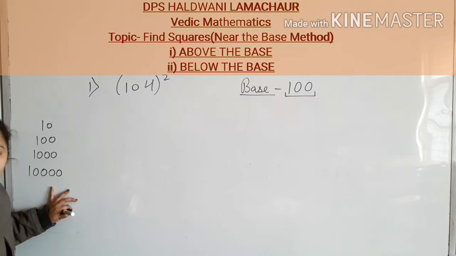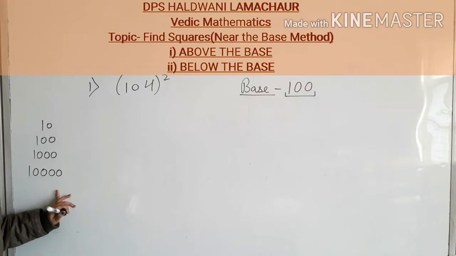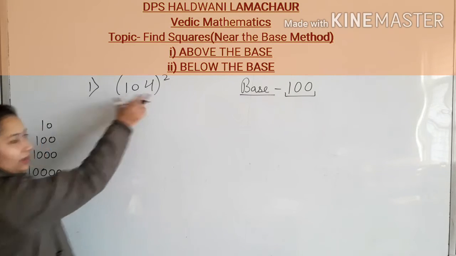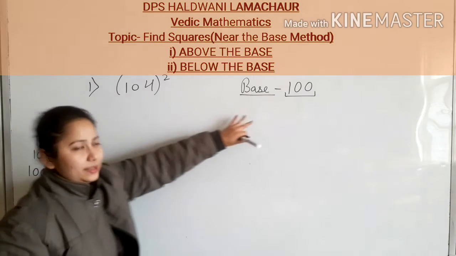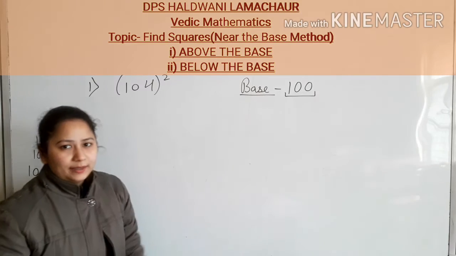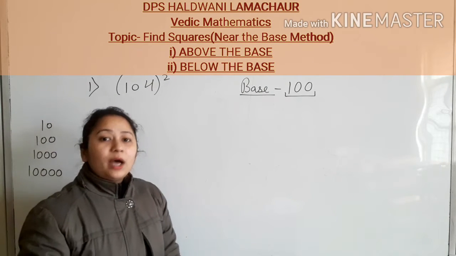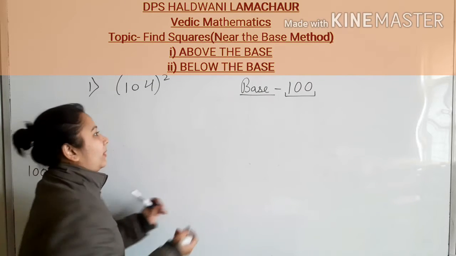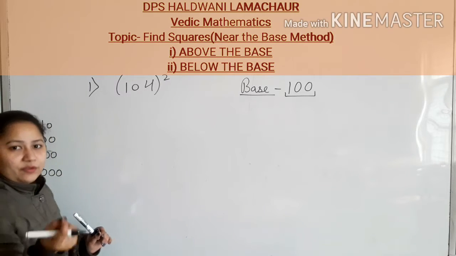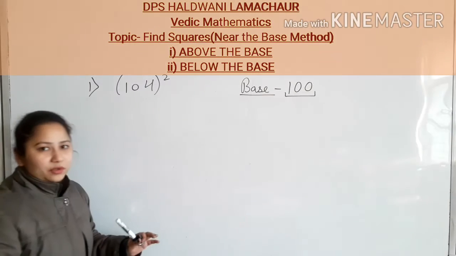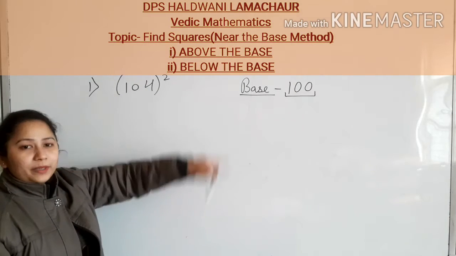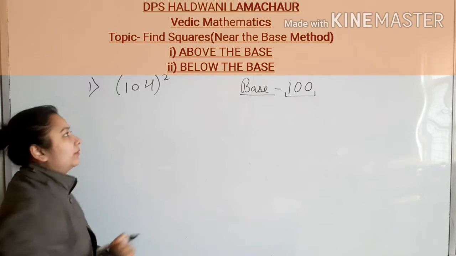Means the number which contains 1 and 0. Same way, you can see that 104 is closer to 100. So our base is 100. This way also you can take the base for the numbers which are above the base. Or the second method which I have told you, like 1, 2, 3. This way also you can take the base. 1 should be included in 3 digits.